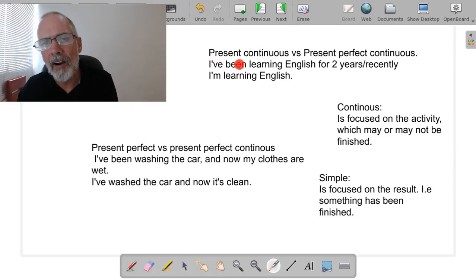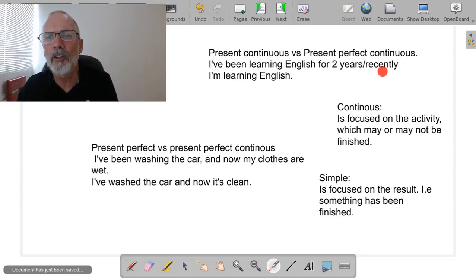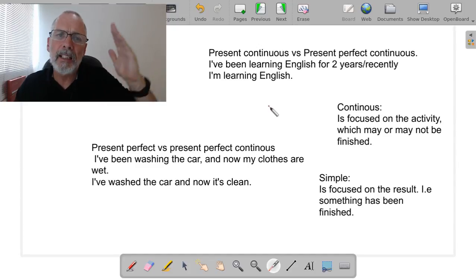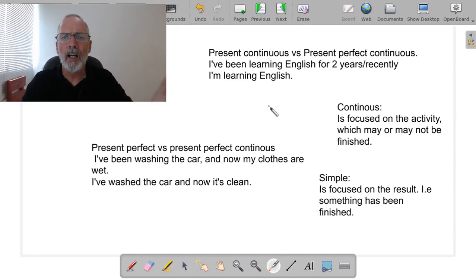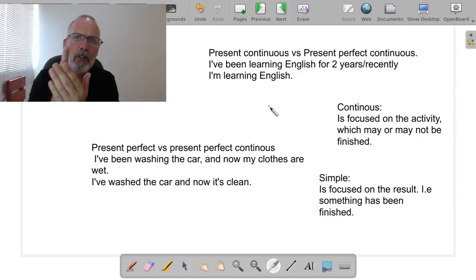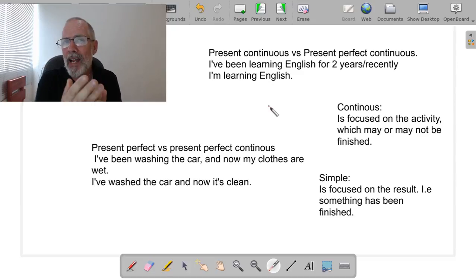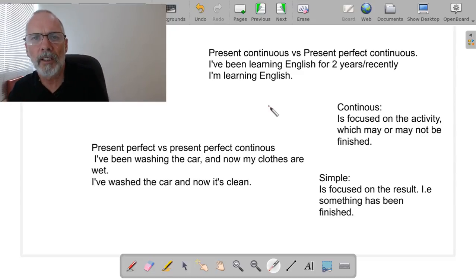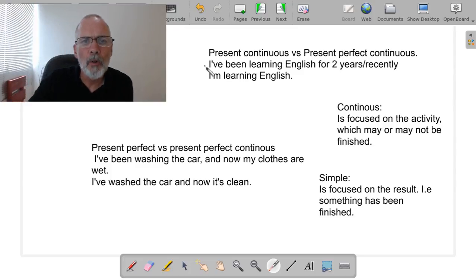And this one, I've been learning English recently, means that it started in the past and it continues to now, and it may or may not continue in the future. So in a real world situation, there could be very little difference between saying, I've been learning English recently and I'm learning English at the moment.